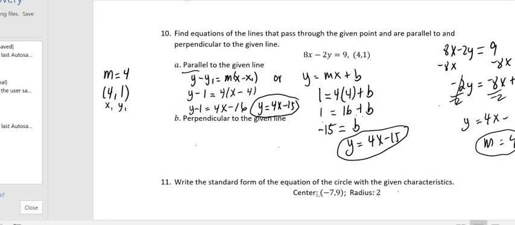For perpendicular, we have to get the negative reciprocal of each other. So instead of m equals 4, we're going to take the negative reciprocal. So here's negative, and then the reciprocal of 4 is 1/4. And then from there, we would do the same steps.